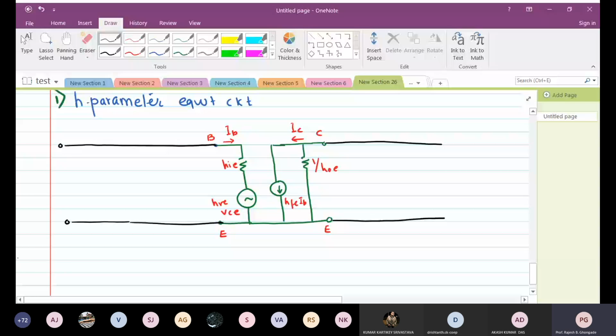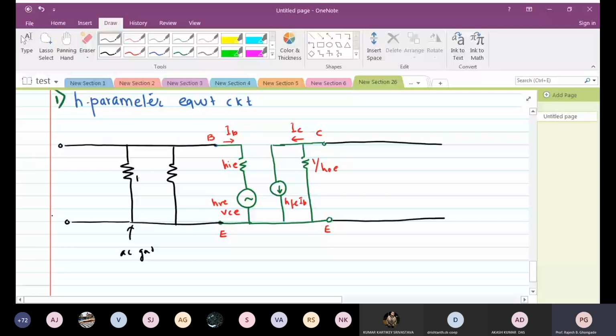Remember, emitter is at AC ground always. So we have resistors R1 and R2. So this is R1. This is R2.